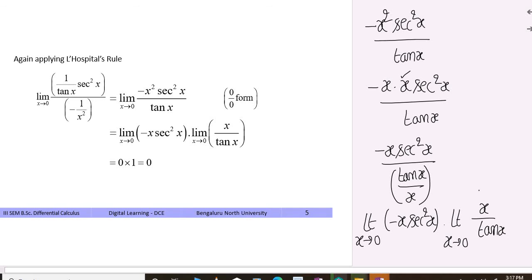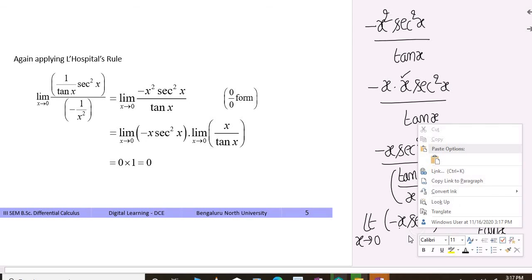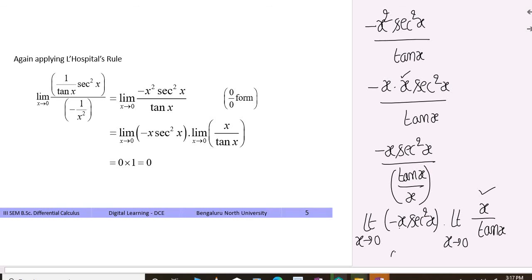We know that the value of this limit is 1. Now observe the first limit. 0 into anything equals 0. So 0 into 1. That means 0. This is the value of the given limit.